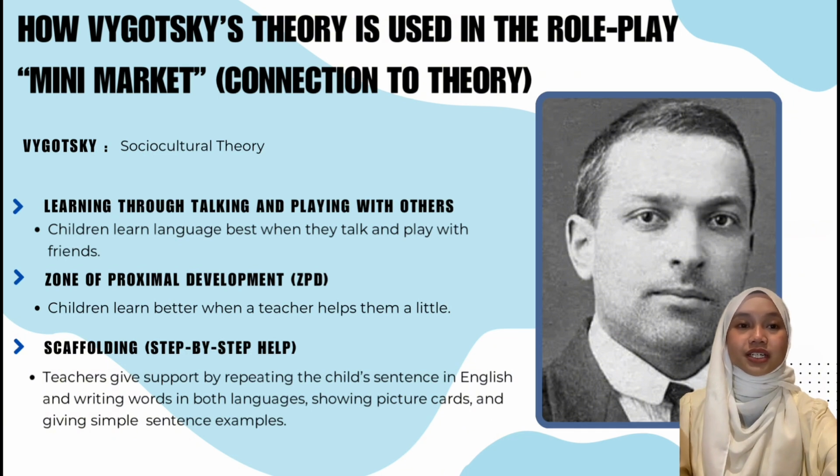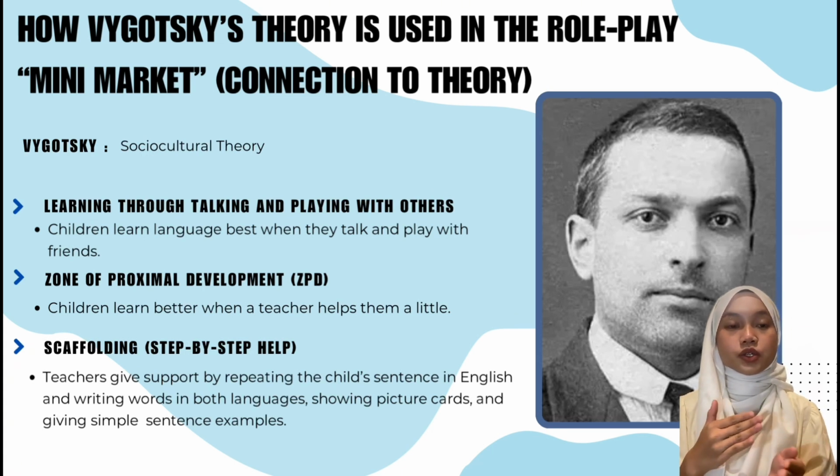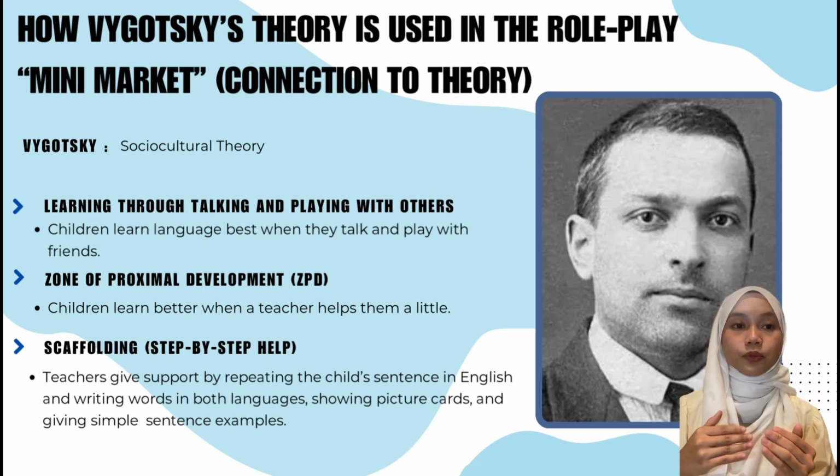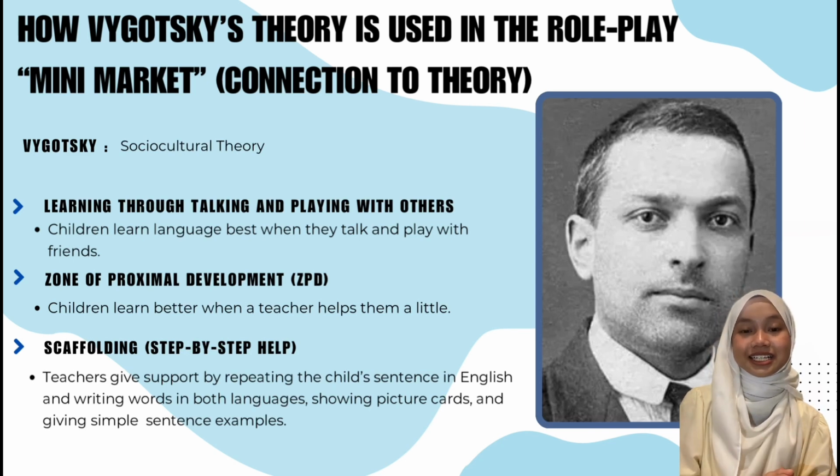So in conclusion, this role-play activity supports Vygotsky's theory by encouraging children to learn through social play, get help within the ZPD, and receive scaffolding from the teacher to use English in a natural and fun way.